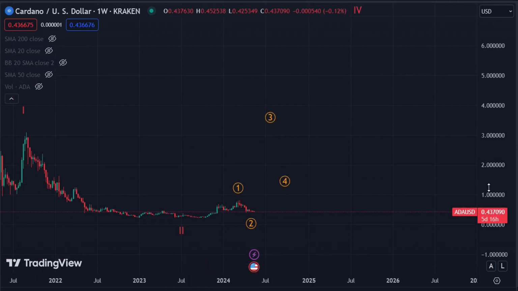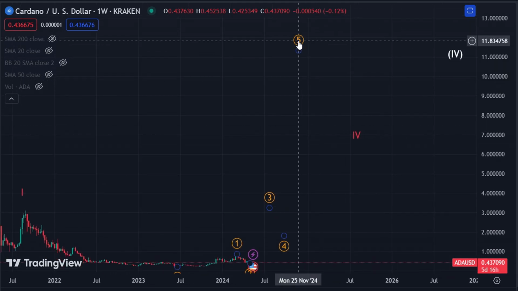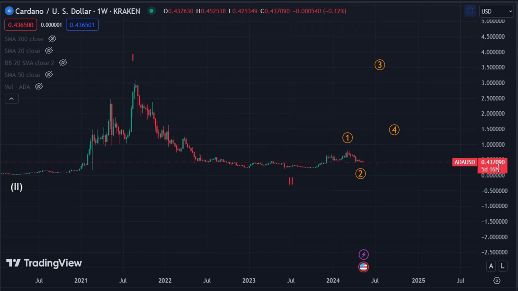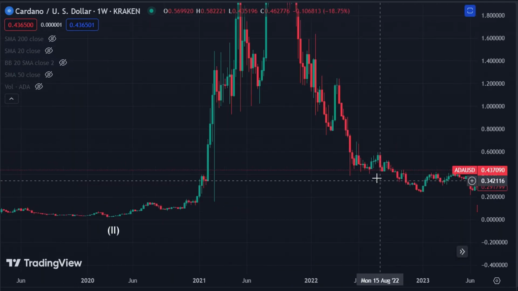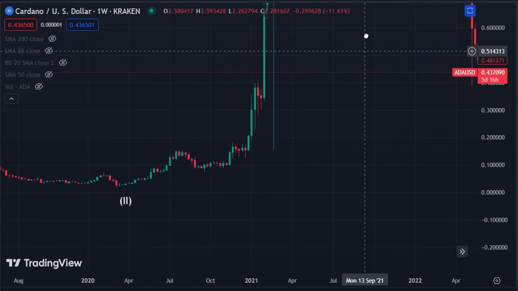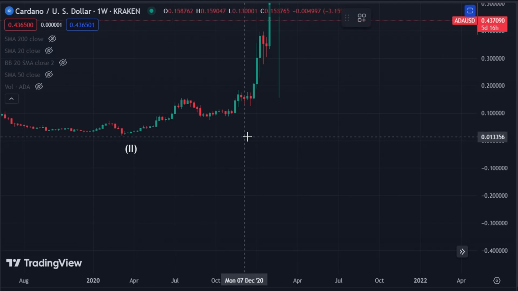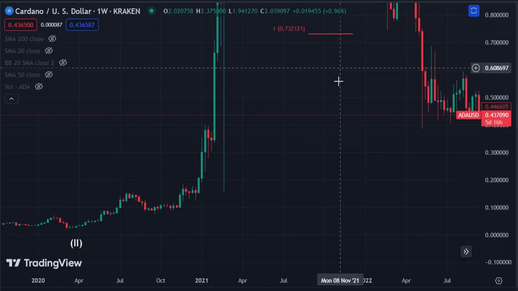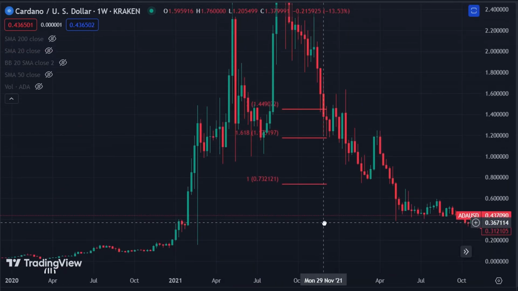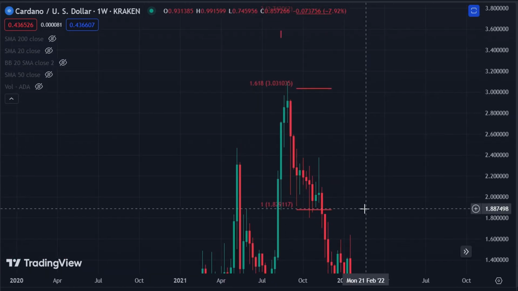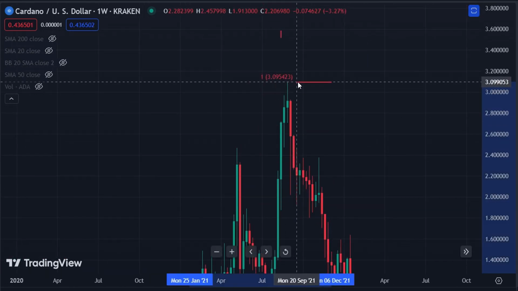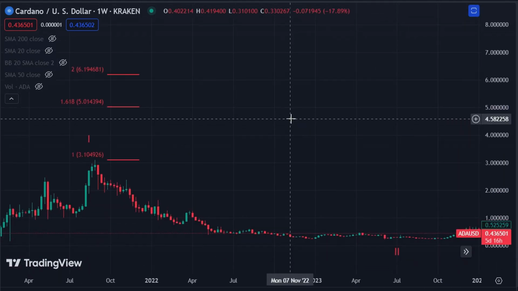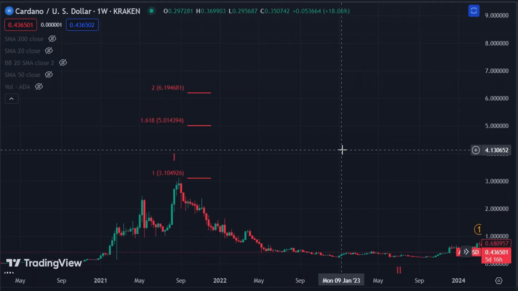So, now, in order to get the targets for this wave 5 of this wave 3, we just take the length of wave 1 and we get a target right here.